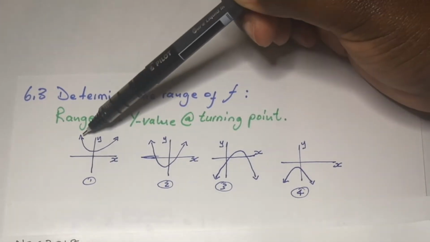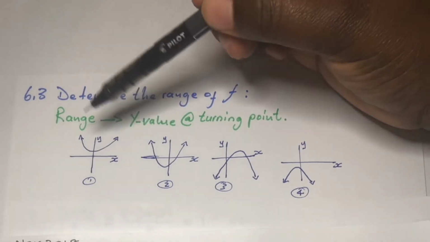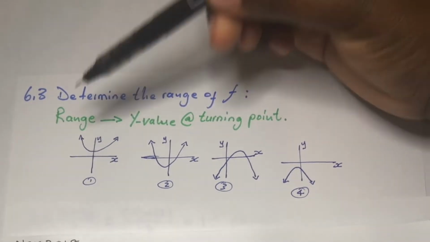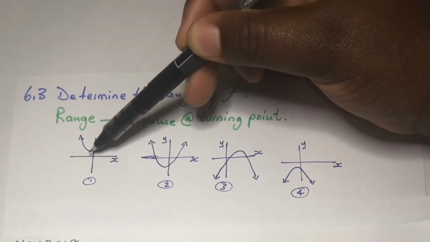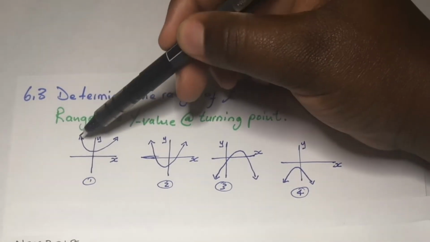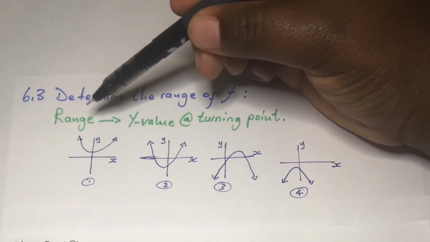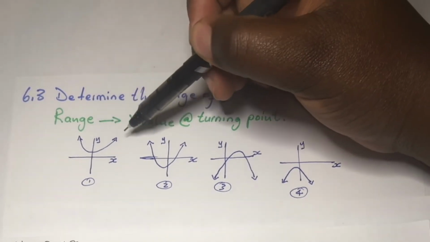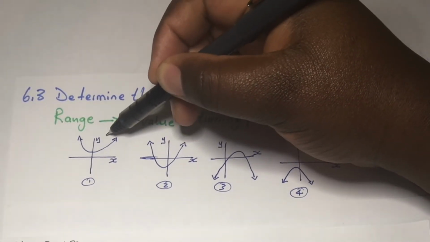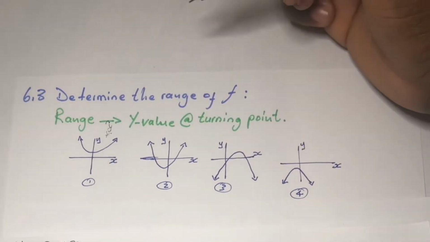So you can see you've got a smiling shape of a graph, which is a parabola, and it has a turning point there. So that means for graph number 1, on the x and y axis, where the graph has got a smiling shape, and remember from our previous lessons we indicated that for a smiling shape, that means you've got a positive a value.